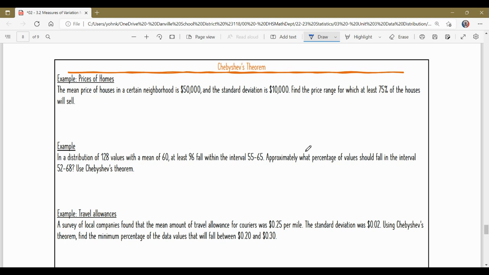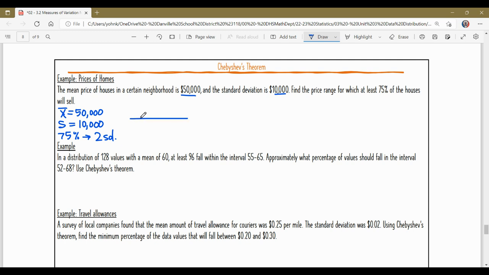So for instance, the mean price of houses in a certain neighborhood is $50,000 and the standard deviation is 10,000. Find the price range for which at least 75% of the houses will sell. Okay, well, if the mean price is 50,000 and the standard deviation is 10,000, okay, there's our info. 75% of the values is going to be 2 standard deviations.